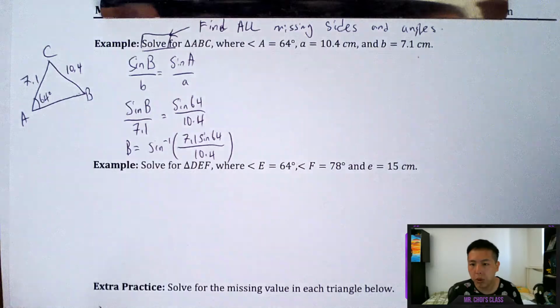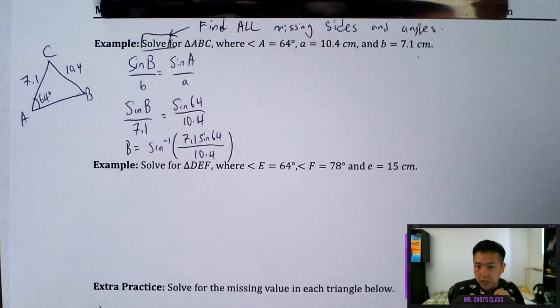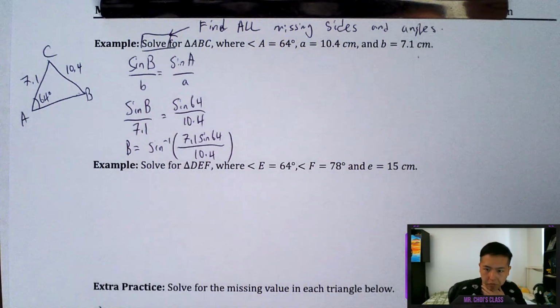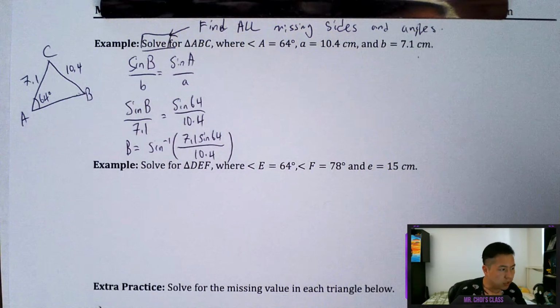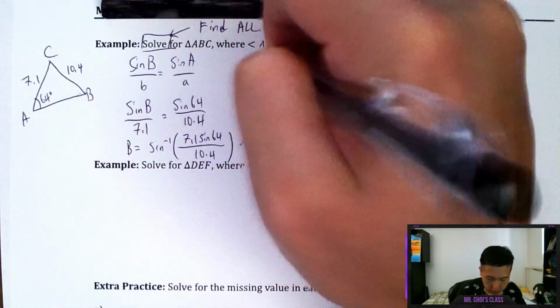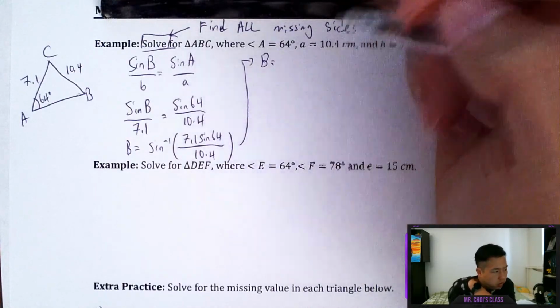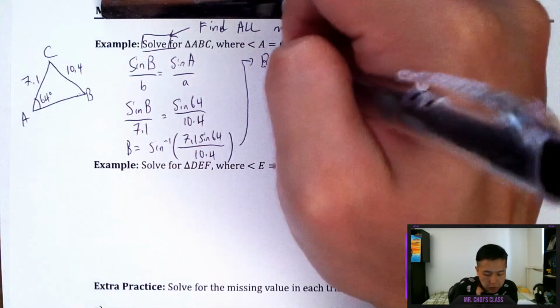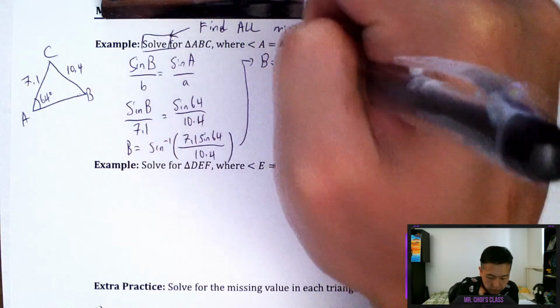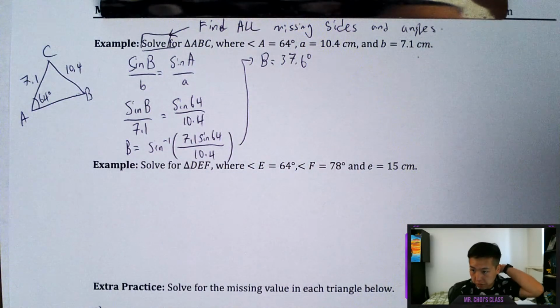You should get 7.1 sine 64 over 10.4, and of course the sine inverse of that would be B. This is going to give me a B value, or an angle, of 37.6 degrees. Okay? We're going to get 37.6 degrees.